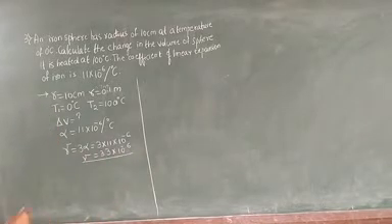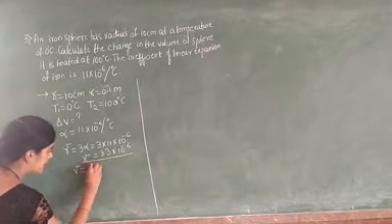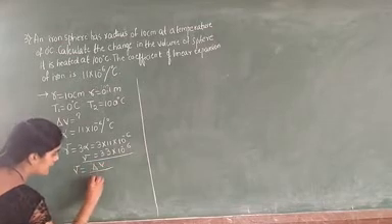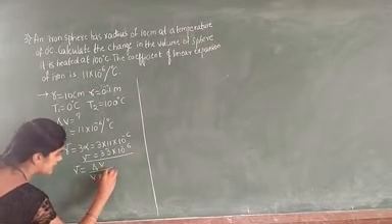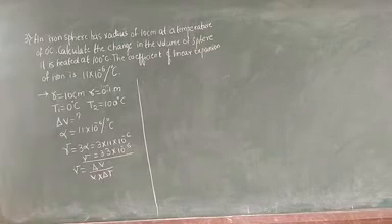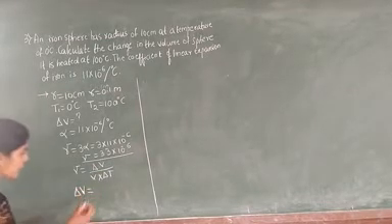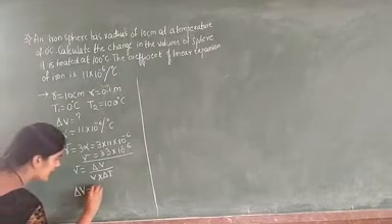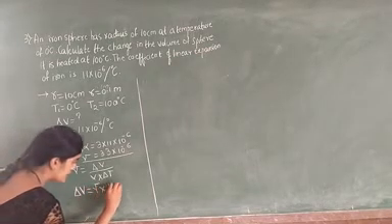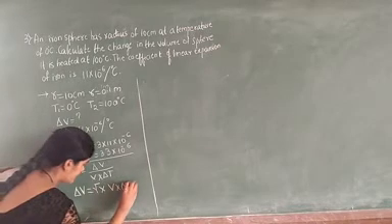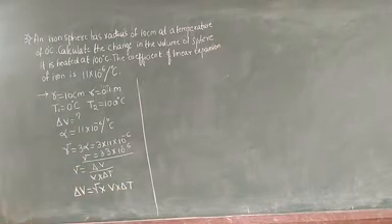Now we know that gamma is equal to delta V by V into delta T. Or delta V, the change in the volume, is equal to gamma into V into delta T.